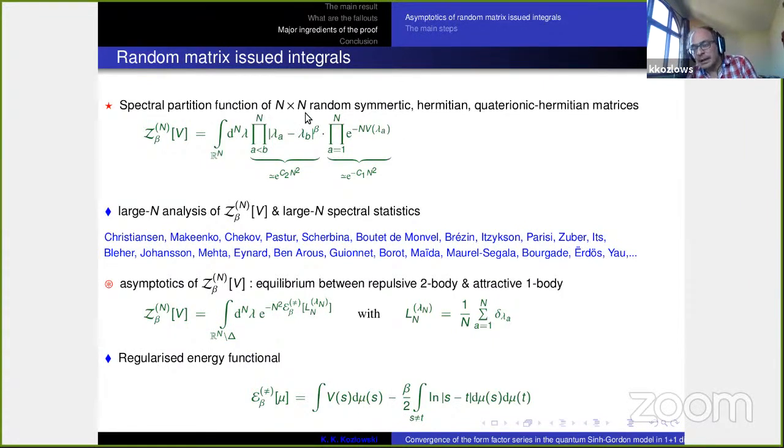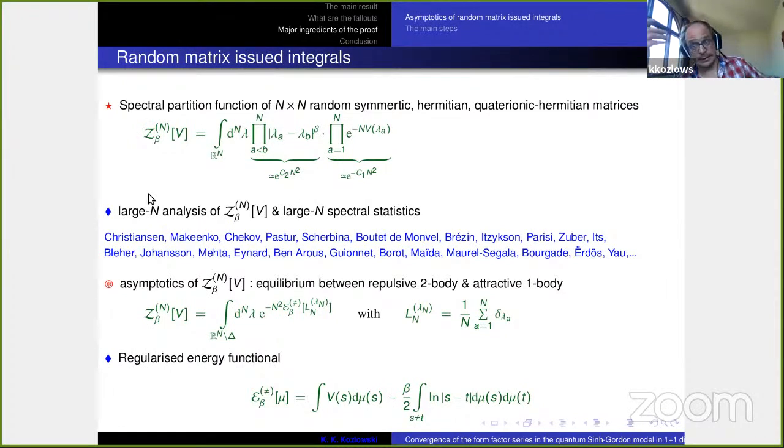You multiply by n because you have n terms, so it's something like e to the minus a constant times n squared. And then what will happen is that the integral would be an equilibrium between the repulsive nature and the confining nature of the potential, and the equilibrium will typically take place at scale n squared, because this is how more or less your integrand scales.